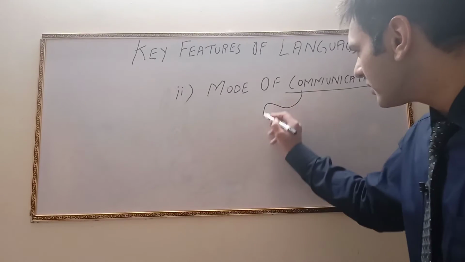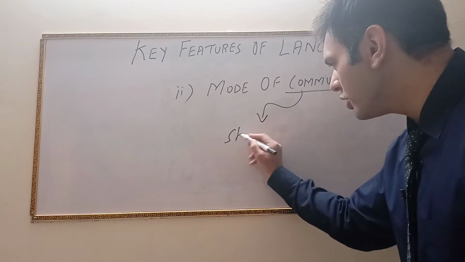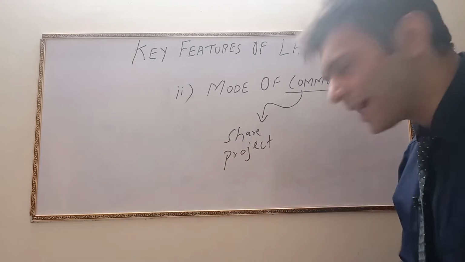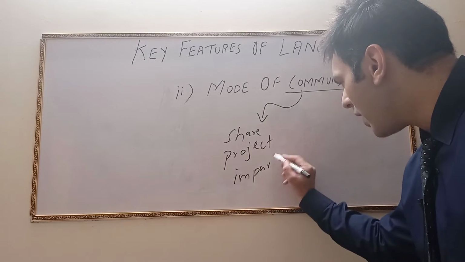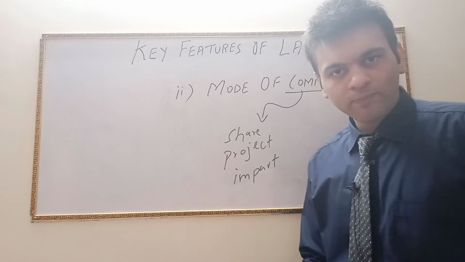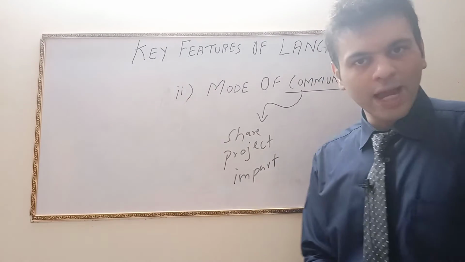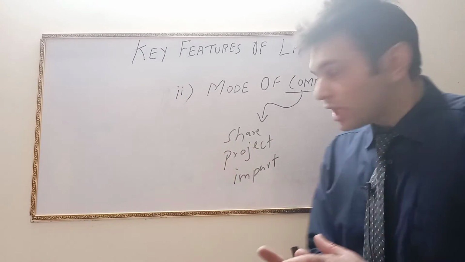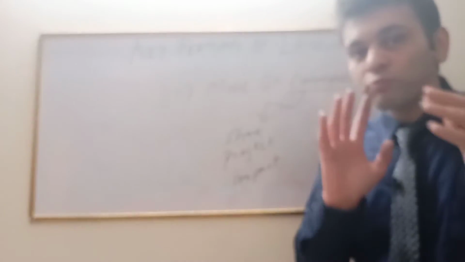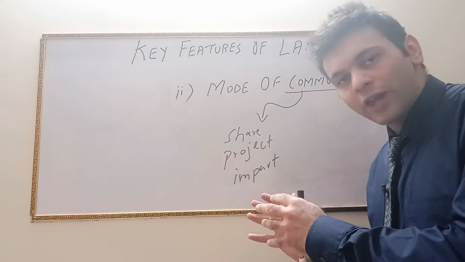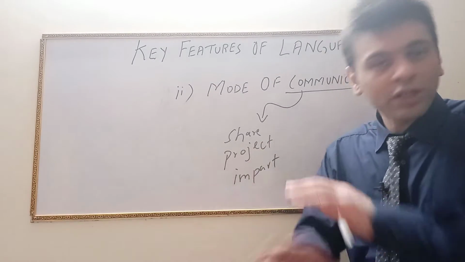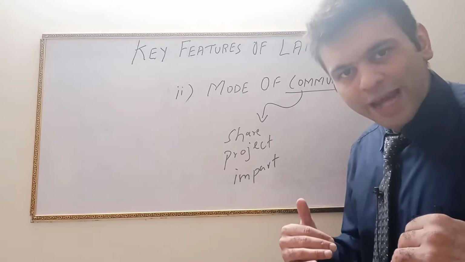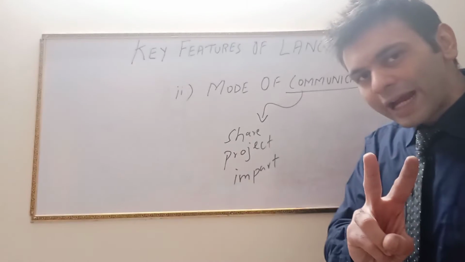So the purpose is communication, and that is to share, project, impart your impulses, feelings, ideas, perceptions, knowledge, and so forth. So that is an extremely important characteristic of language. If there is no communication, there is no purpose and justification for a language to sustain itself. So that is the second feature.